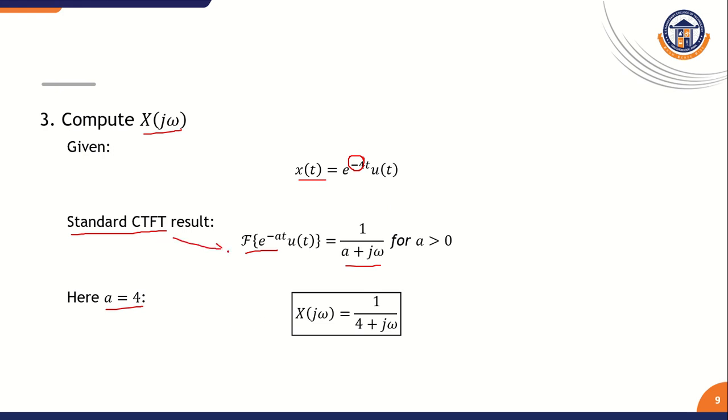Using the standard CTFT result, we compute capital X of j omega equals 1 divided by 4 plus j omega, substituting 4 for a.